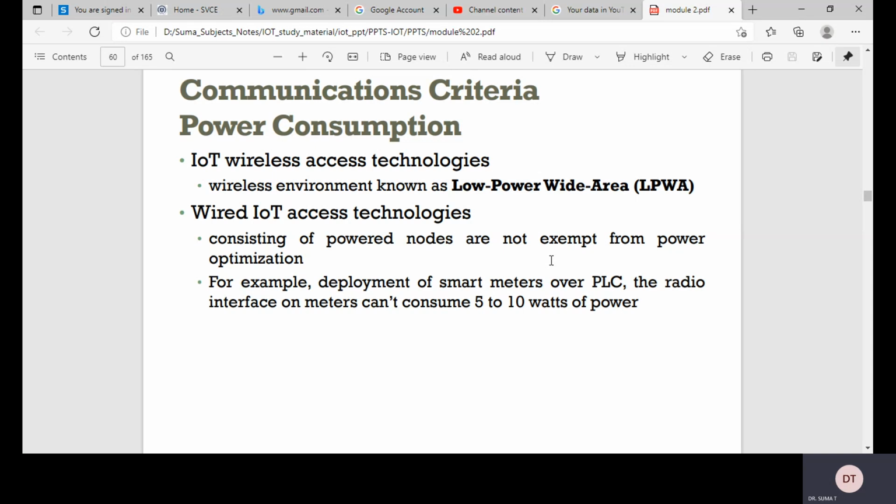Wired IoT access technology consisting of powered nodes is not exempt from power optimization. In the case of deployment of smart meters over PLC, the radio interface on the meters can consume 5 to 10 watts of power. This will add up in a 20 million meter deployment, which is going to consume around 100 to 200 megawatts of energy for communications.